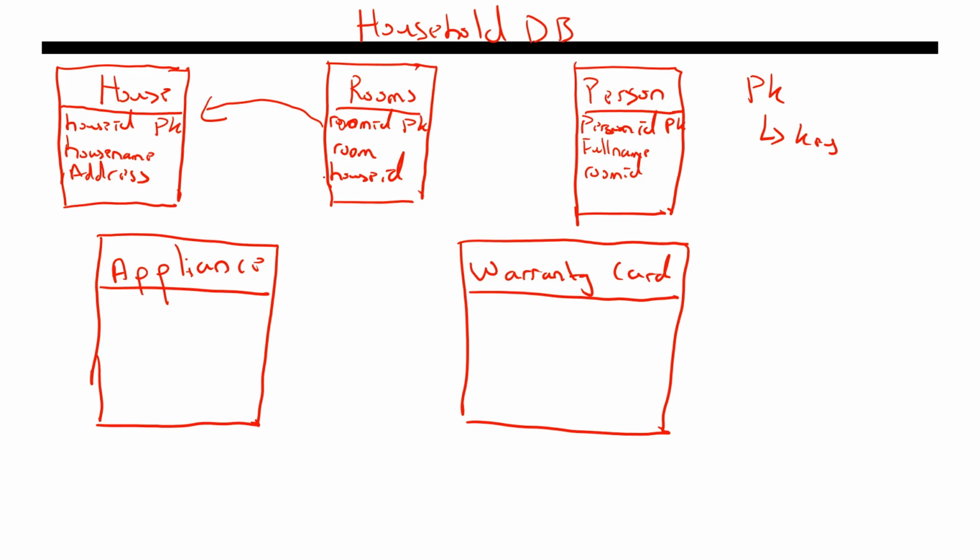You will see that household ID is repeated here. That same household ID is the same household ID that exists in the house. It's just like the primary key, but located elsewhere. And this is now not referred to as a primary key, but we generally refer to it as a foreign key.